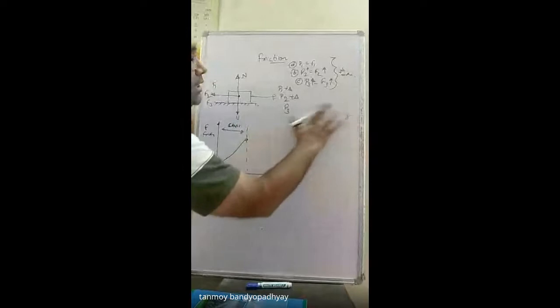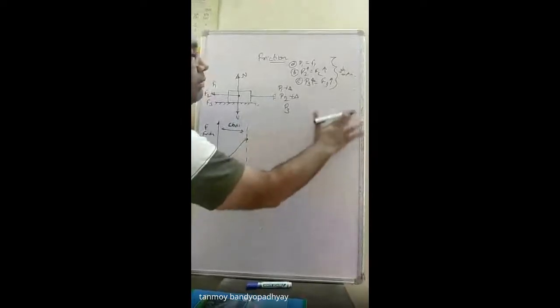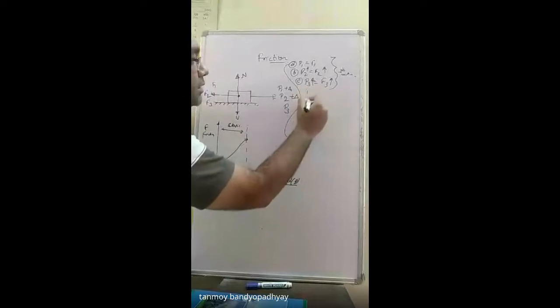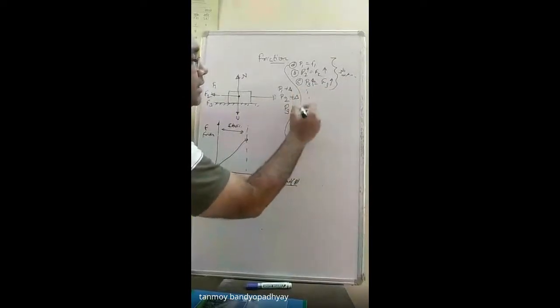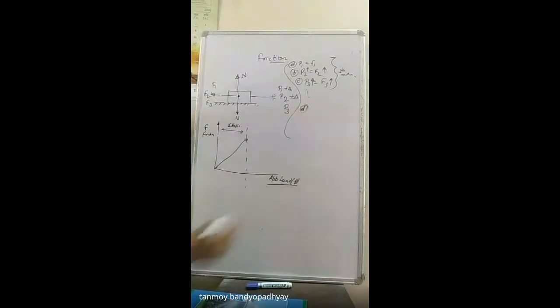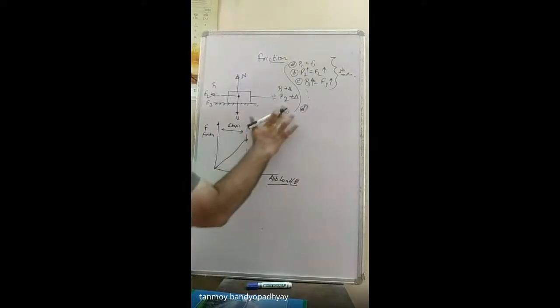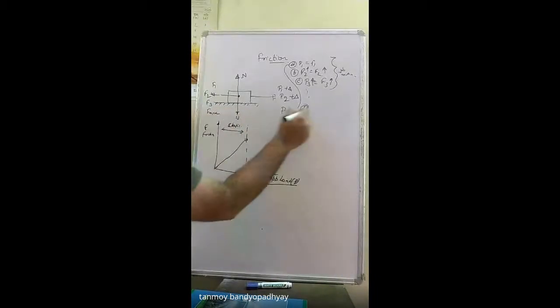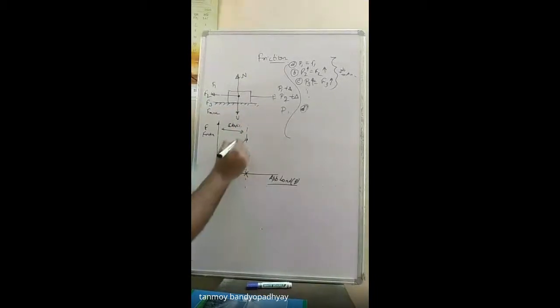A stage will be reached, depending on the contact surfaces, where, let's call it D itself, the load you are applying is such that the frictional force reaches its maximum value. Let us call it Fs or F max.